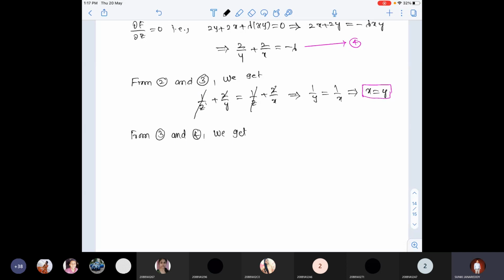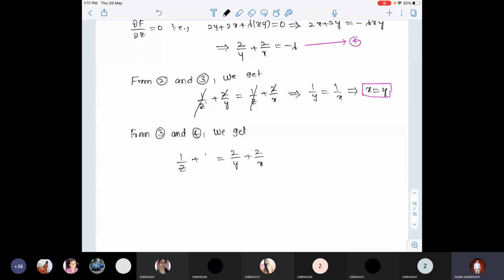Okay, these two we should equate. Here 2 by x gets cancelled, right? Then what is the remaining value at last? That implies 1 by z is equal to 2 by y. Now we can write reciprocals of these. Then z is equal to what, Nana? Y by 2. Here z is equal to y by 2.